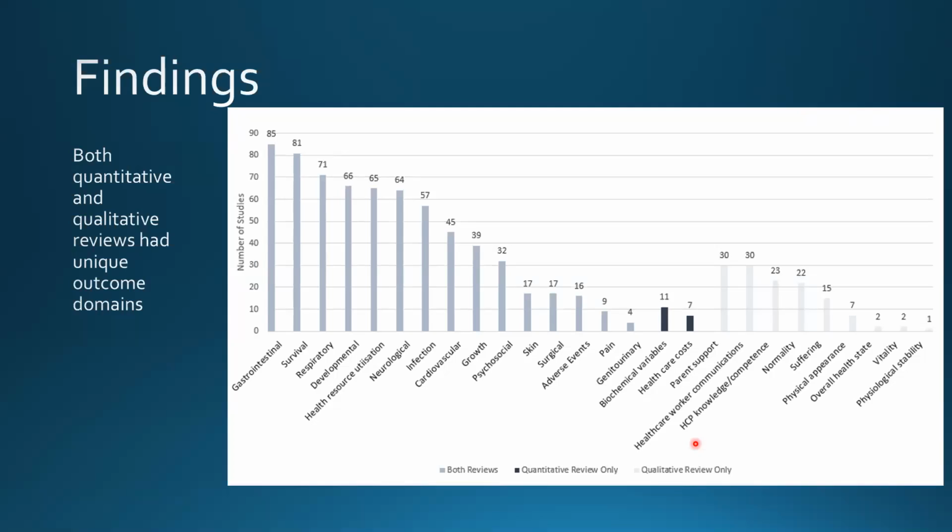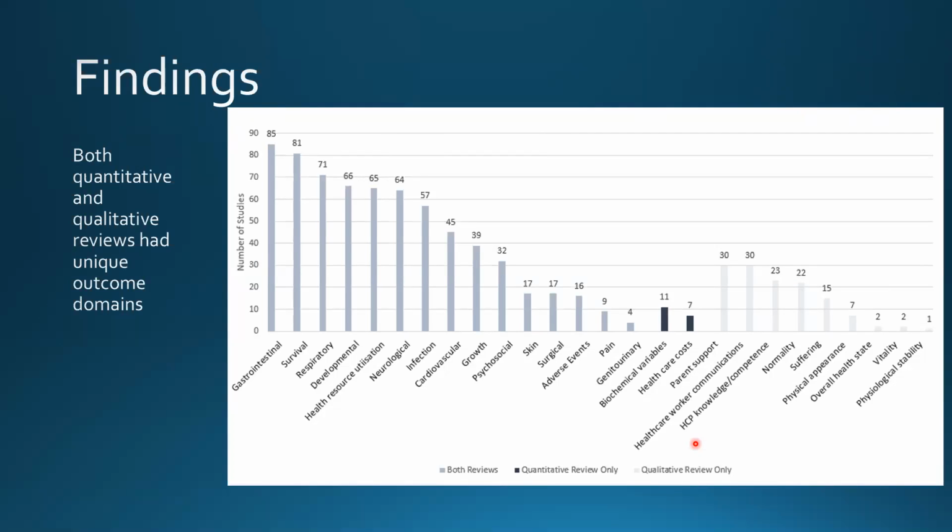So both quantitative and qualitative reviews had unique outcome domains. Just doing the quantitative review on its own wouldn't have revealed all of the possible outcome domains that could be considered by a consensus development committee. And conversely, the same is true of the qualitative review.